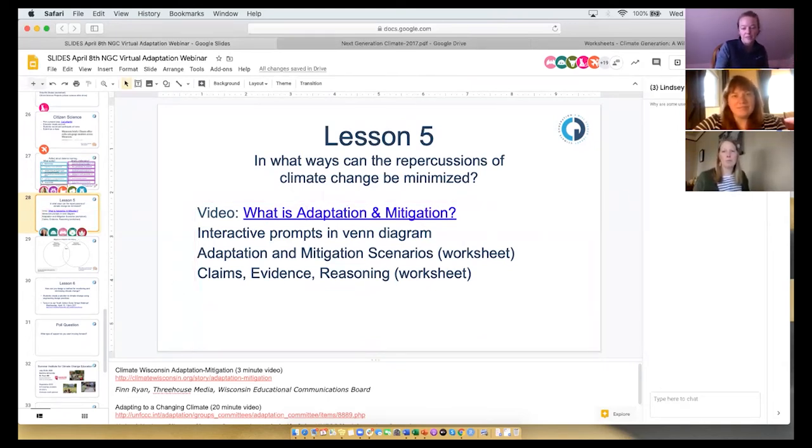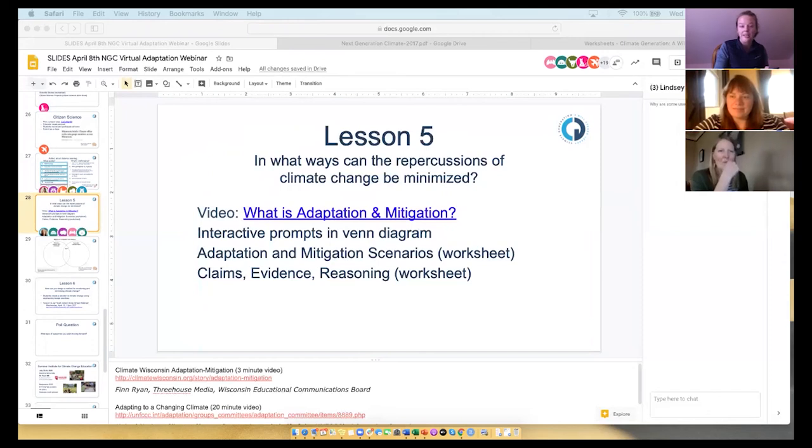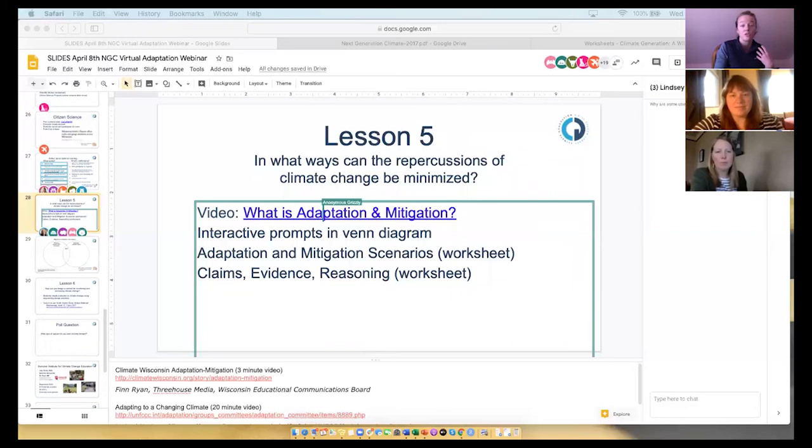And so some terms that are used in conversations about climate change solutions include impacts, adaptation, and mitigation, which are really big words and can be really complex depending on the context in which you're talking about them. We have multiple activities for this to help students understand these concepts and start thinking about examples in their everyday lives.